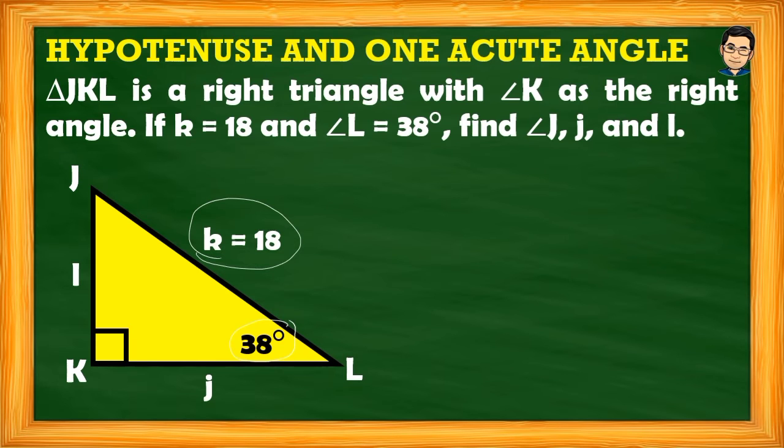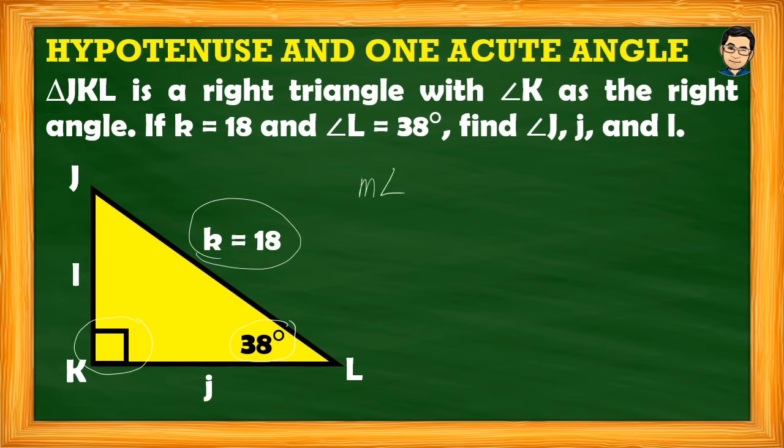Okay. So, una muna natin kukunin is yung measure ng angle J. Pag given na yung isang angle ng right triangle, makukuha na natin yung sukat ng isang natitirang angle dahil 90 degrees na agad ito. So, ibig sabihin yung sum ng natitirang dalawang acute angles na yan is 90. So, ganito ang solusyon niya.